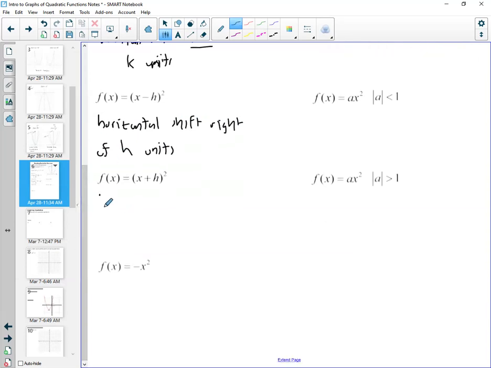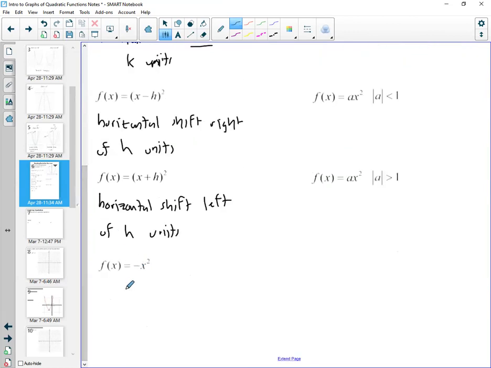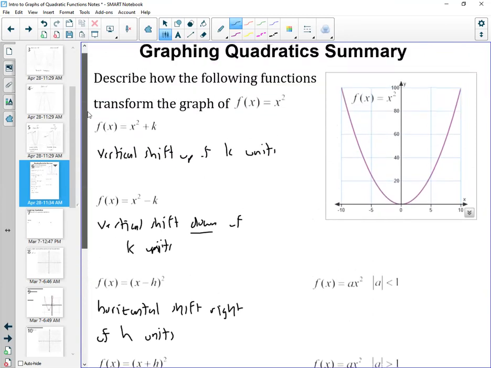If the number is added, we do a horizontal shift left of h units. We saw a negative on the outside flips it upside down, so I'll call that a vertical reflection, like over the vertex. It doesn't really matter. The whole thing gets reflected. We're not going to be that detailed today.